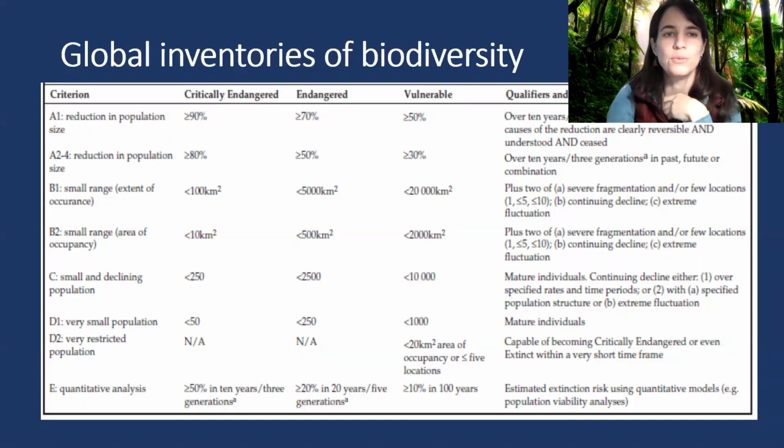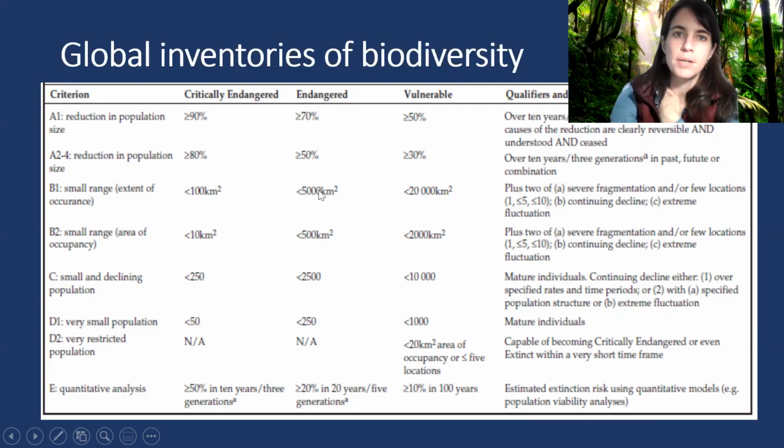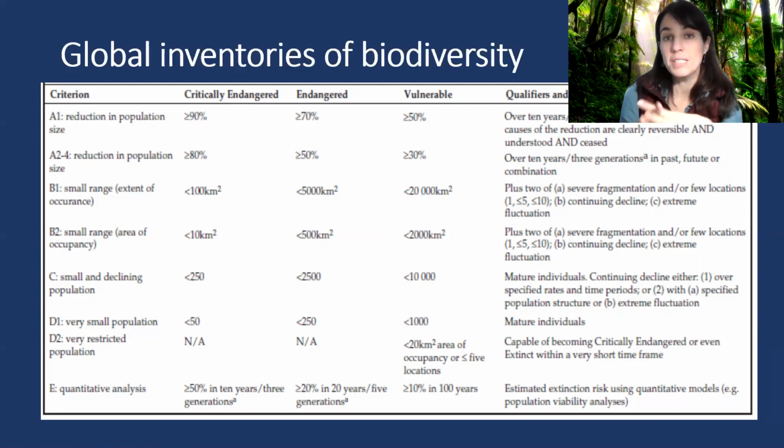They have to have a small range, and the range is ranked here. So like a vulnerable species occurs in less than 20,000 square kilometers, whereas an endangered one occurs in less than 5,000 square kilometers, and a critically endangered one occurs in less than 100 square kilometers. So you can look down, and then they're also looking at just population size, right? So vulnerable is less than 1,000 individuals. That's very small already, right?